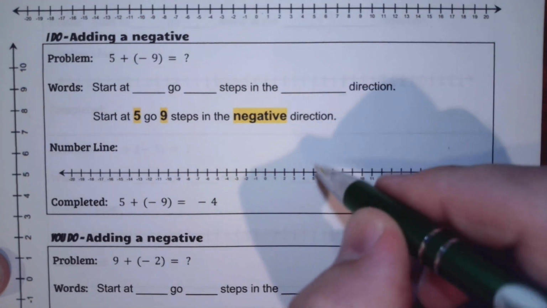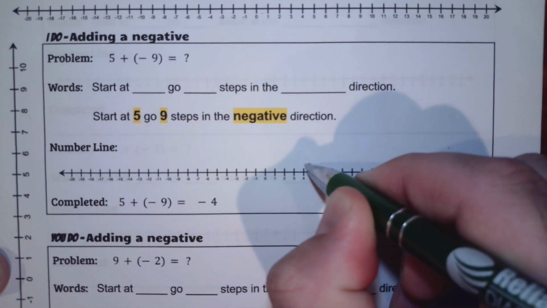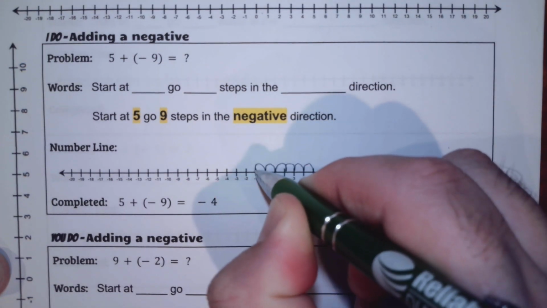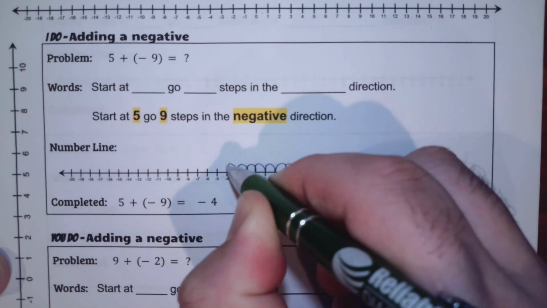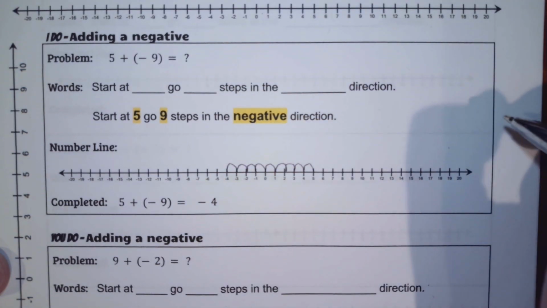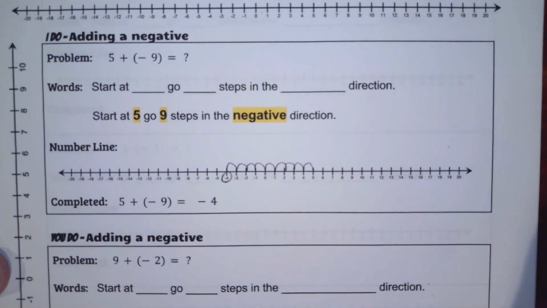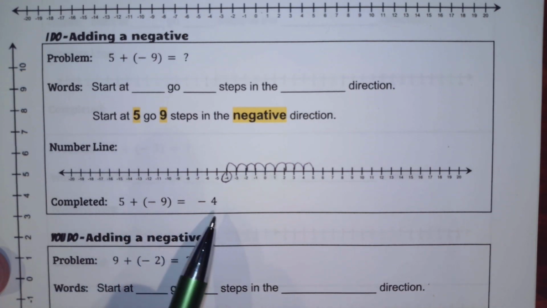So you find 5, and you go 1, 2, 3. You go 9 steps in the negative direction, and where you end up is at -4. So the completed equation is 5 plus -9 equals -4.